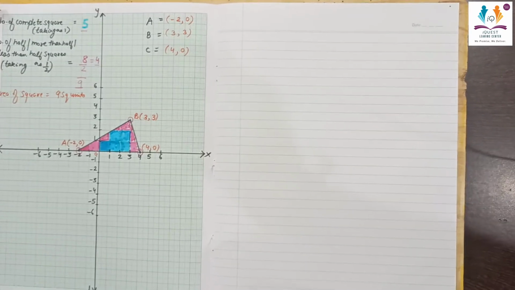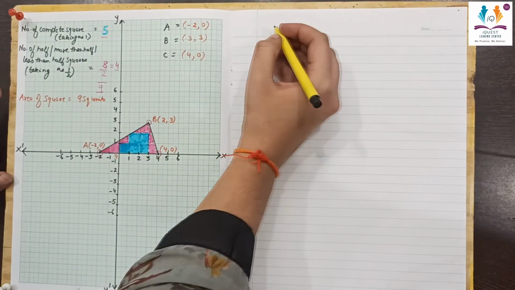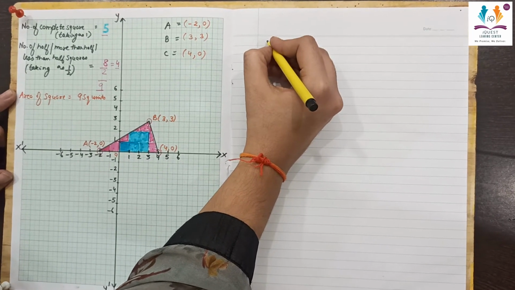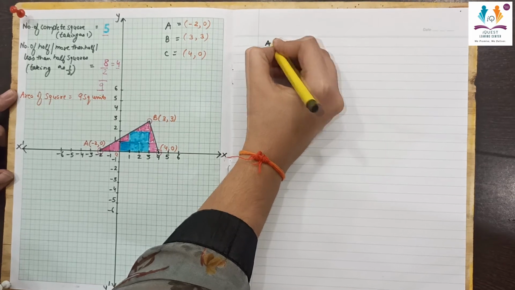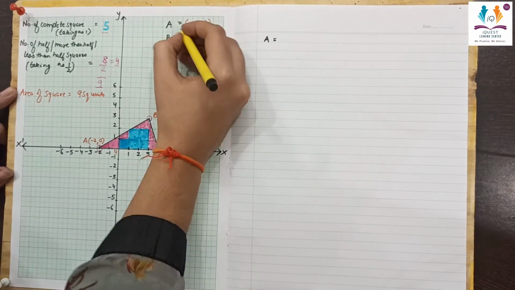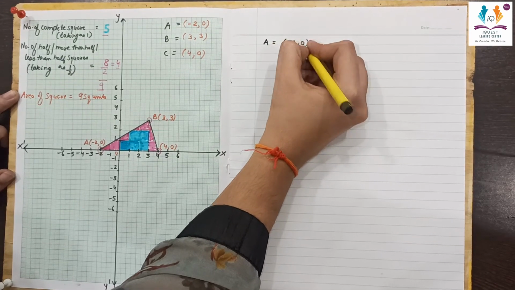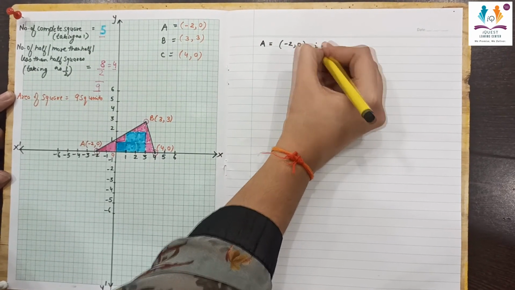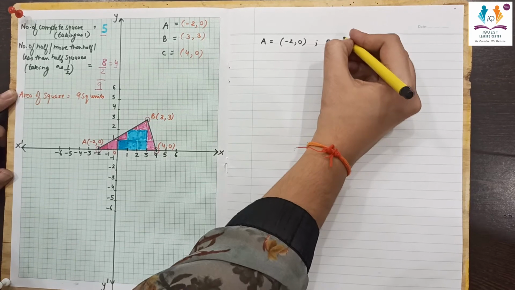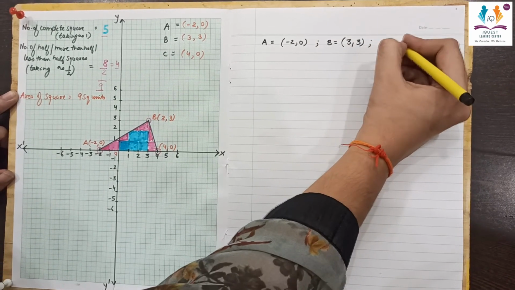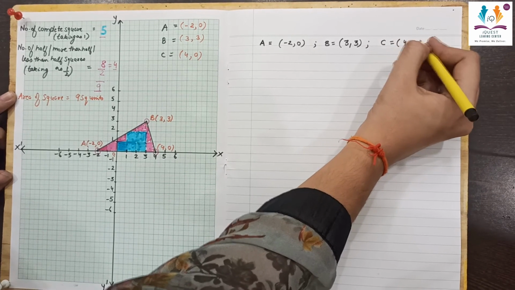So now we will verify the same with the help of area of triangle given by coordinate geometry. So coordinates of A was -2, 0. Coordinates of point B were 3, 3. Coordinates of point C were 4, 0.